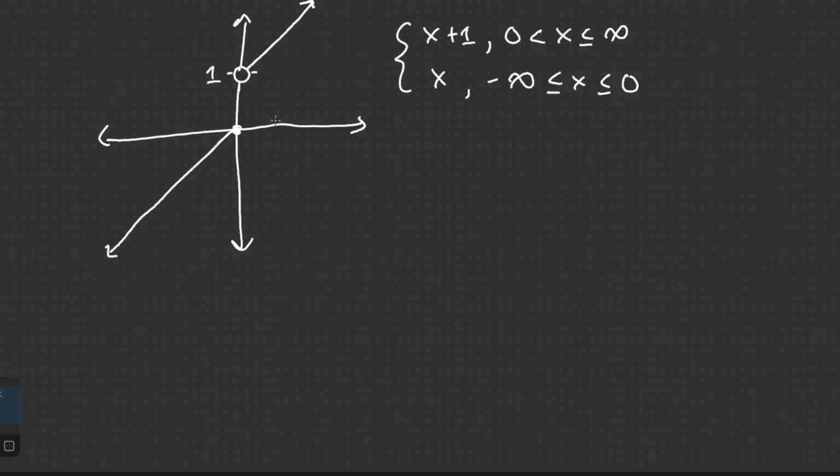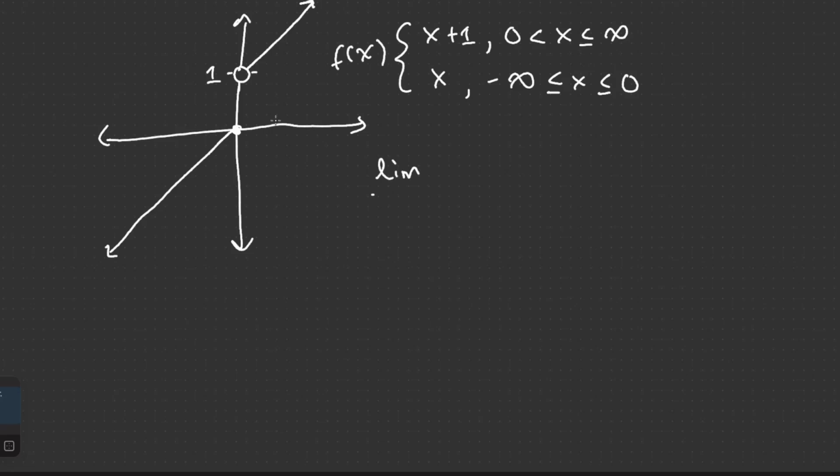This is technically a non-removable discontinuity because it's not a hole. There's clearly a big gap. But anyways, the idea of a limit is, if we were to write the limit, let's define this as f of x.